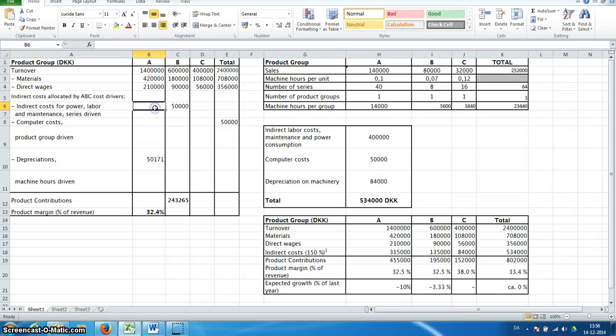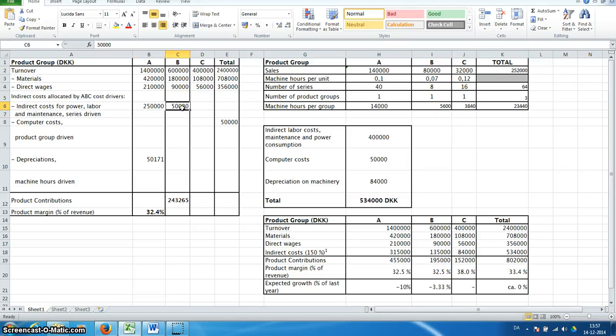So the calculation, for example, for A is that A has 40 divided by 64, that is, a share of the number of series. Therefore they should carry that percentage of indirect costs for labor, maintenance and power consumption. So in this case that's 250,000 that they have to cover.